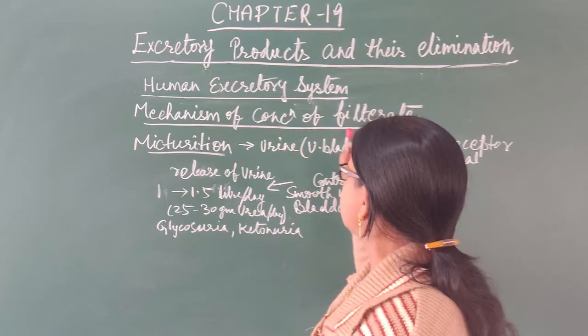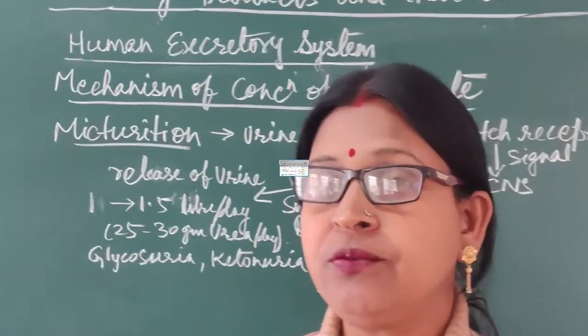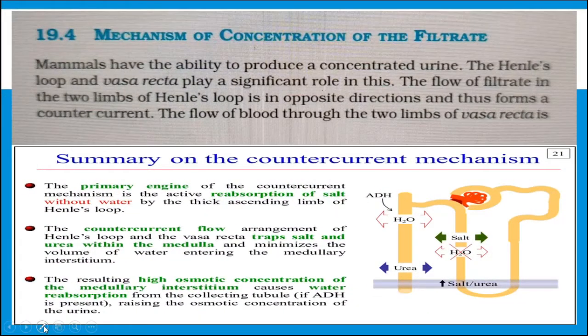the mechanism of concentration of filtrate by vasa recta and loop of Henle. Concentration of urine is required because human is a terrestrial organism and it can't afford to throw extra amount of water. So the ability to produce a concentrated urine is found in mammals.